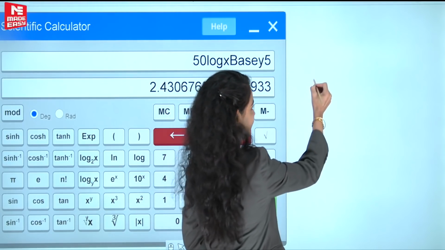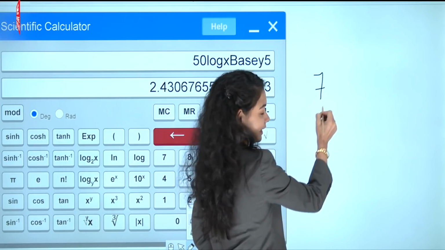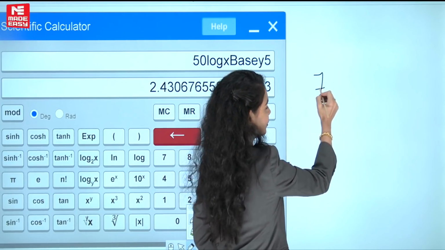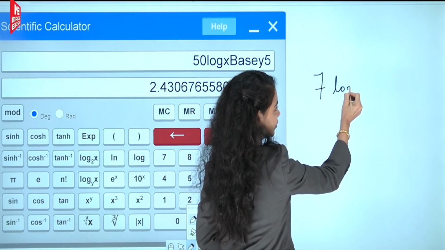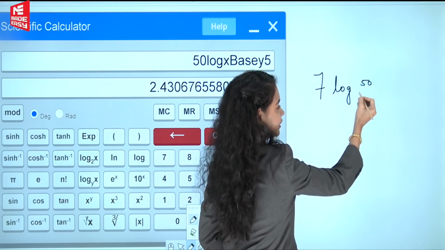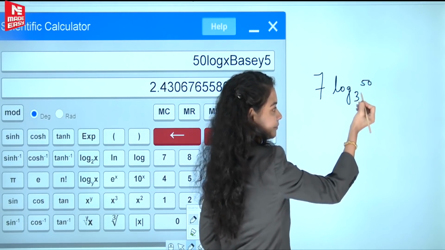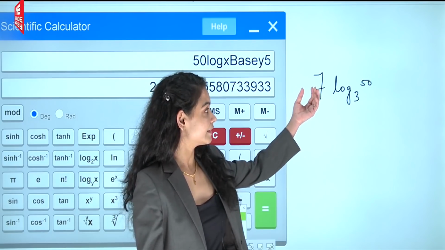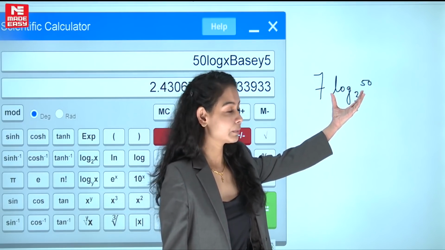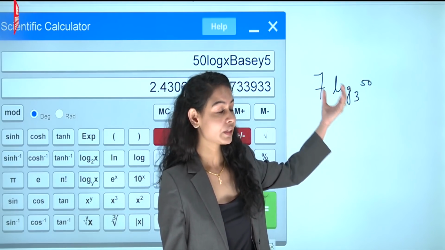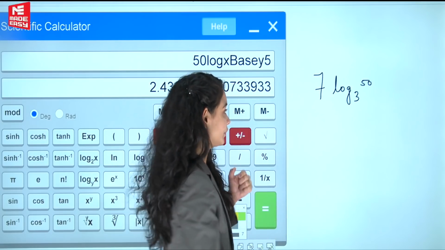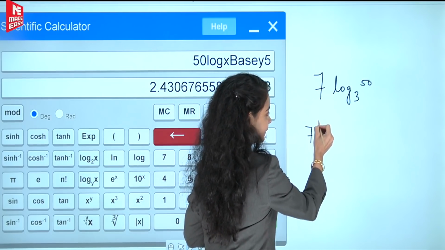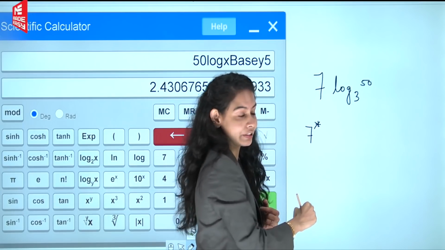Now let's see one more operation in this log x to the base y. If you want to calculate 7 log, let's say again 50 to the base, let's say 3. Now this 7 is in multiplication with log 50 to the base 3. To perform this, you will do 7, multiplication.